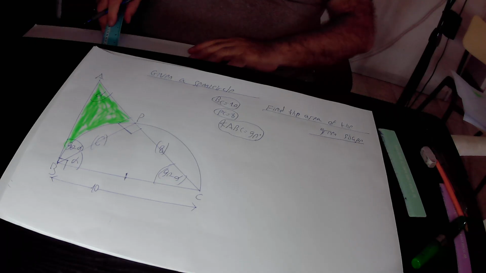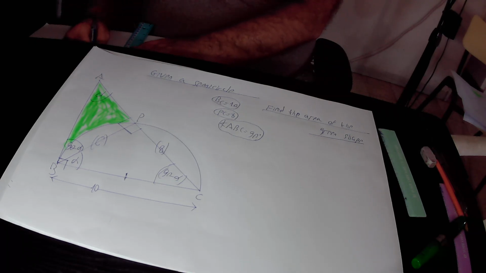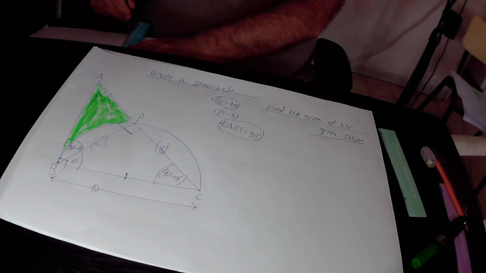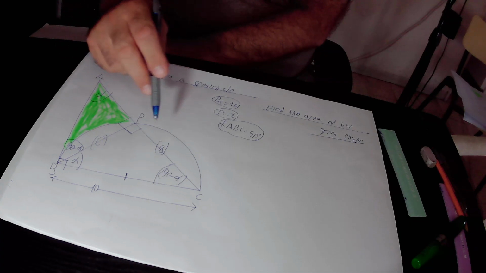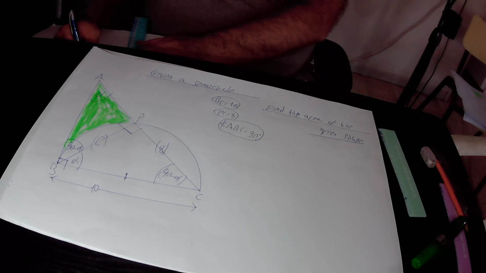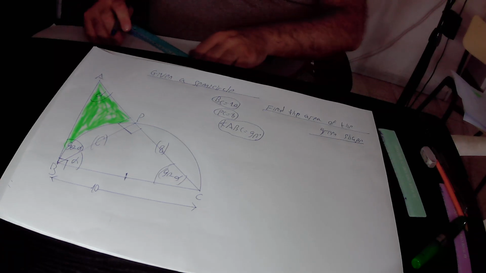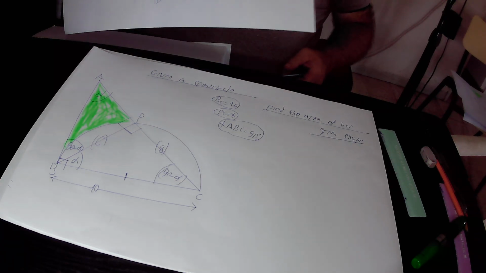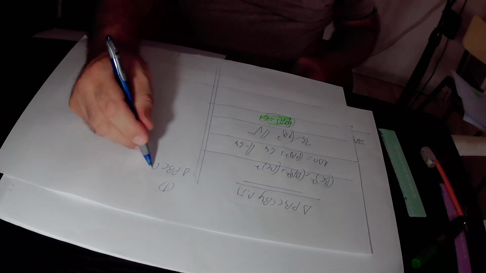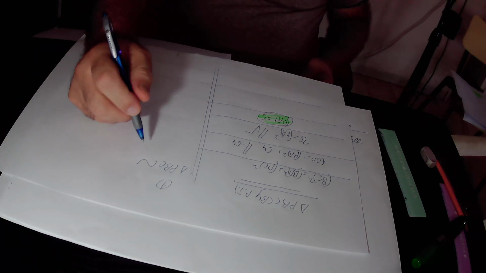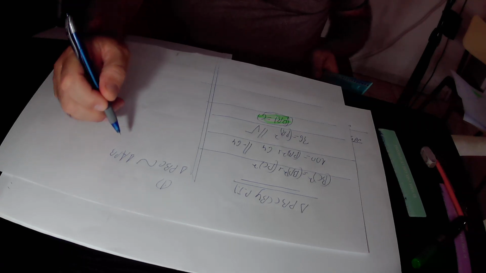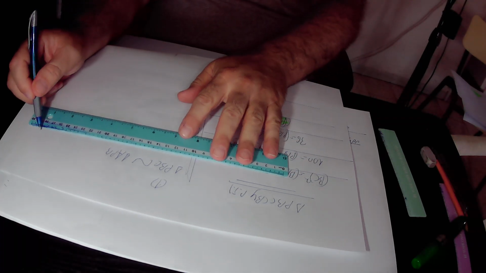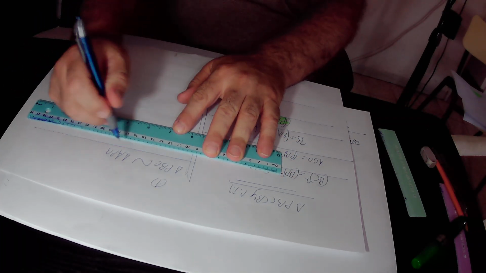We actually proved that the right triangle PBC is similar, this is the sign of similar, to the right triangle APB according to the angle similarity rule.